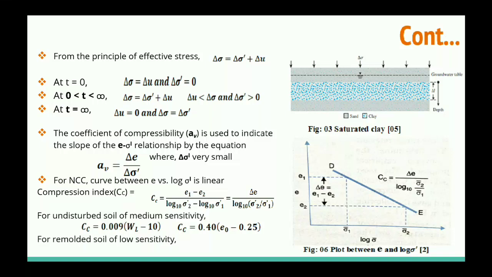For remolded soil of low sensitivity, we can use this formula with the liquid limit, or this formula with the initial void ratio. Just remember, the compression index is the slope of the curve of e versus log sigma dash, and av is the slope of the curve of e versus sigma dash.